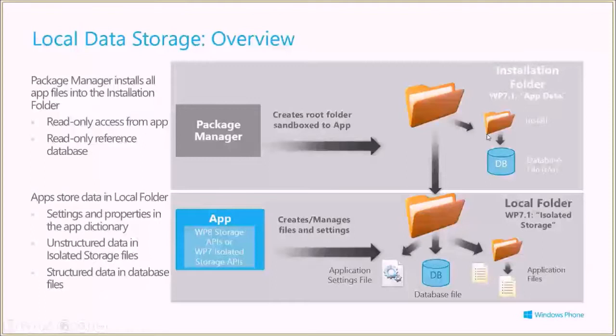If you need to store any files you created within the application, or settings, you can store them in the local folder so that when you publish an update for your application, these settings or files are maintained in your next versions as well.